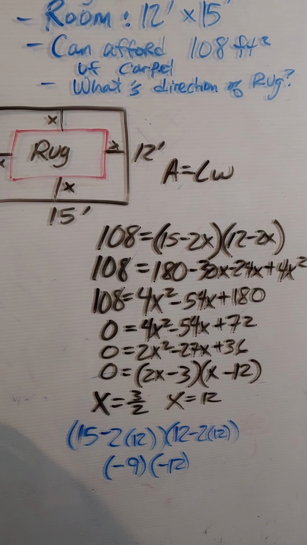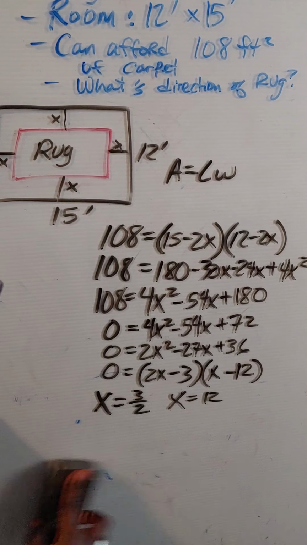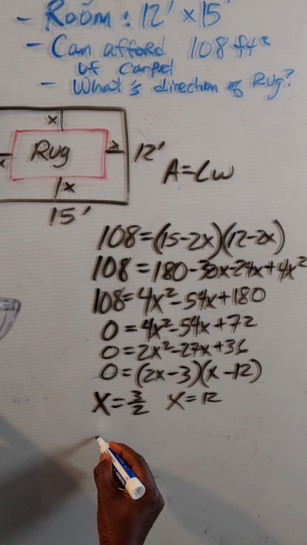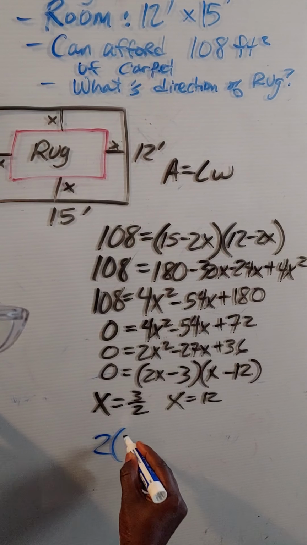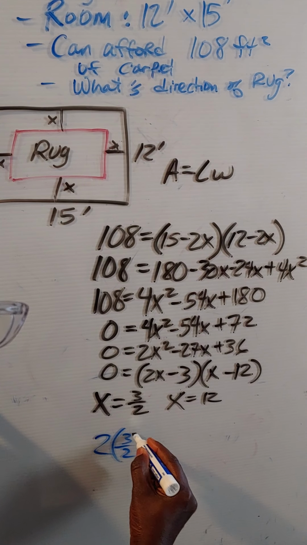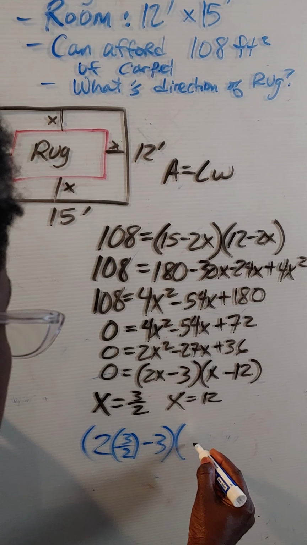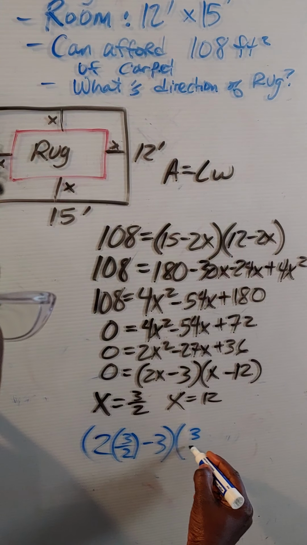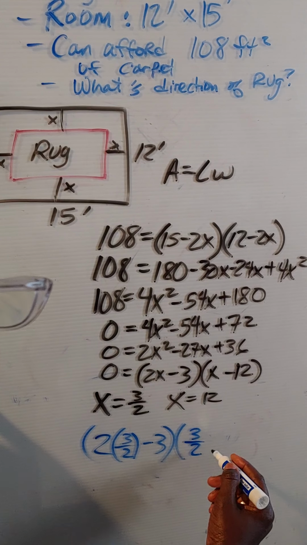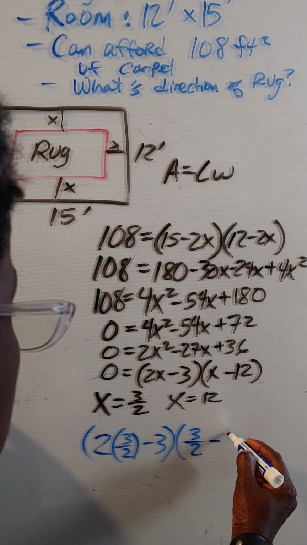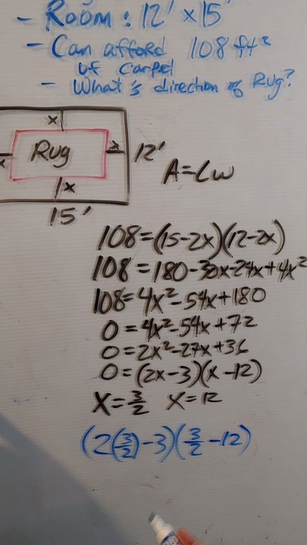Try the other x value. So I have 2 times x, 3 halves, minus 3 times 3 halves, minus 12. Let's see.